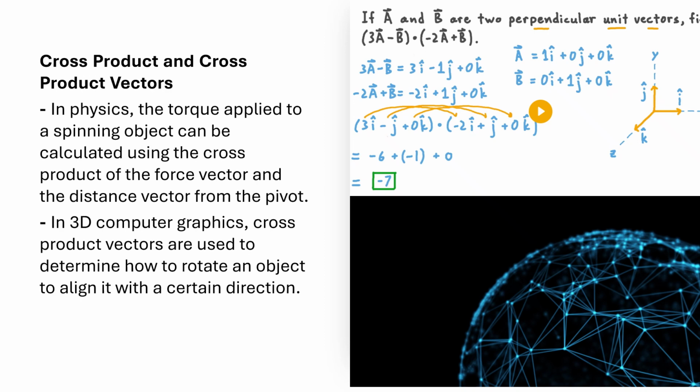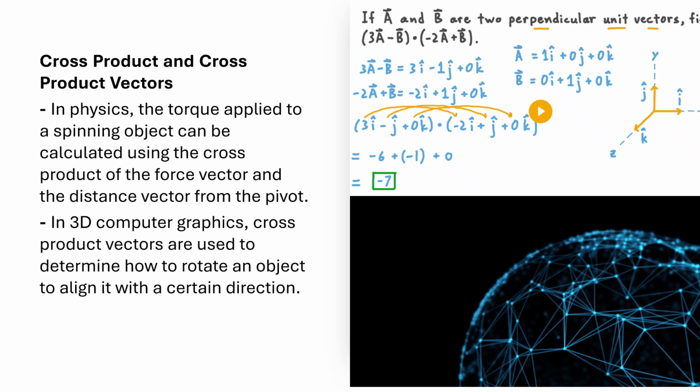For example, if vector A and vector B are two perpendicular unit vectors, find the product (3A − B) · (−2A + B).